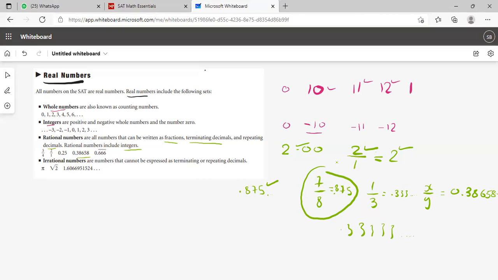But again, the decimal in this case is not terminating. But since it is repeating, and whenever a decimal is repeating, we can write it down as 0.333 with a bar, and this means that the decimal is repeated.